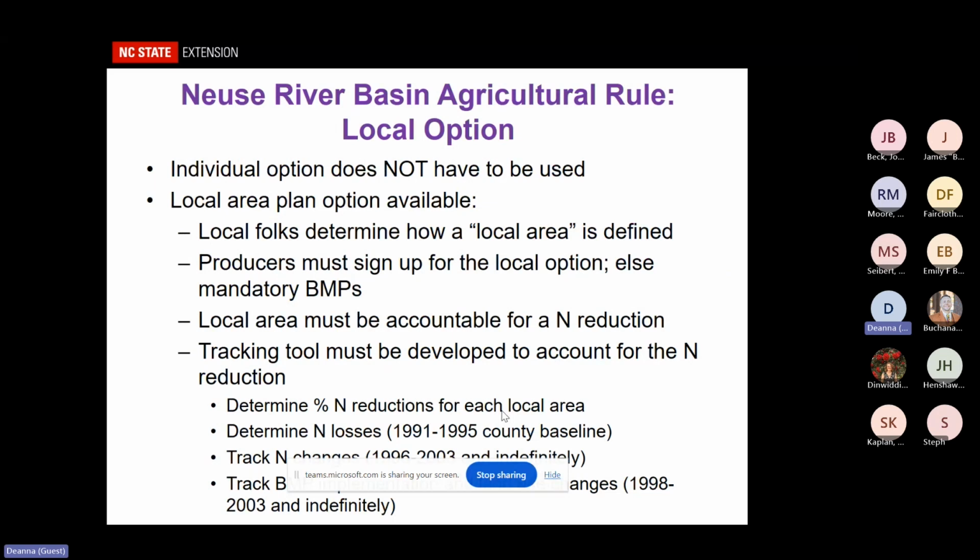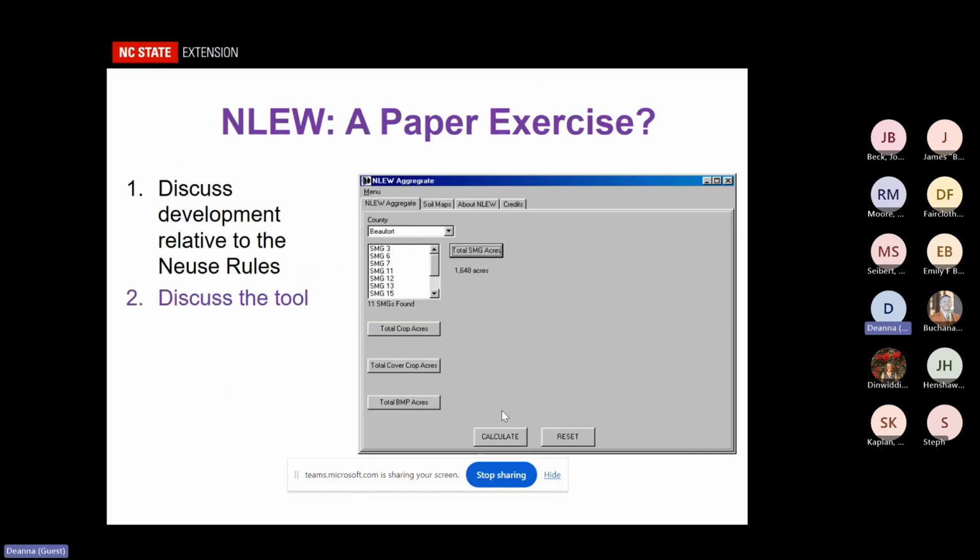So there were really specific guidelines that were written into all of the basin rules for this tracking tool. And so now I want to talk about the development of the tracking tool, because this tracking tool, along with Platt, is what you use in NCANAT to look at pounds of nitrogen reduction loss based on your conservation efforts, or pounds of phosphorus per acre reduction, again, based on conservation efforts.